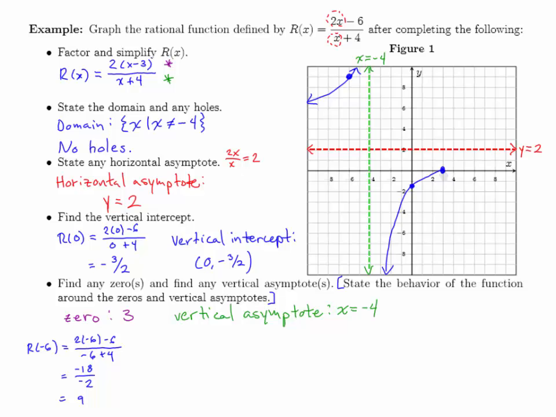The last thing that we would want to determine is what happens on the other side, so over here. We can surmise that it's going to stay below that line y equals 2. But if we want to look at that numerically, let's take r of 6 and plug that in. So we'd have 2 times 6 minus 6 all over 6 plus 4, and that will be 6/10 or 3/5.